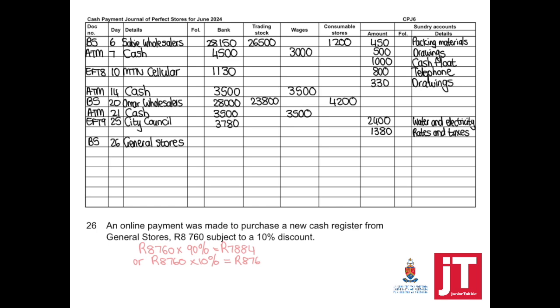You could have also said 8,760 times 10%, but then you still need to subtract it, and you will get exactly the same answer. So the challenging part is calculating how much we paid after the discount. And the second part was that you need to know that a new cash register was purchased. That means it forms part of your equipment.